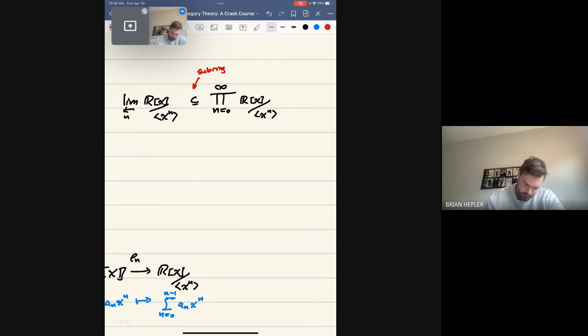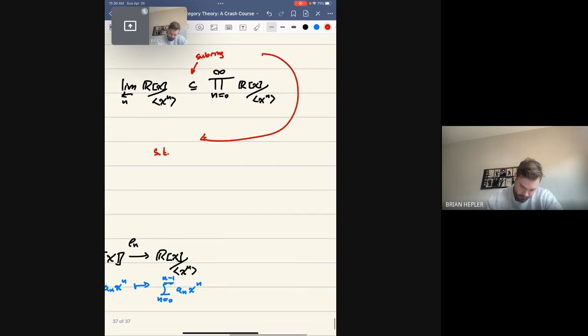The subring of the product such that the general element of this thing would be some indexed family, maybe I'll write m sub n, such that this is true for any m greater than or equal to n.